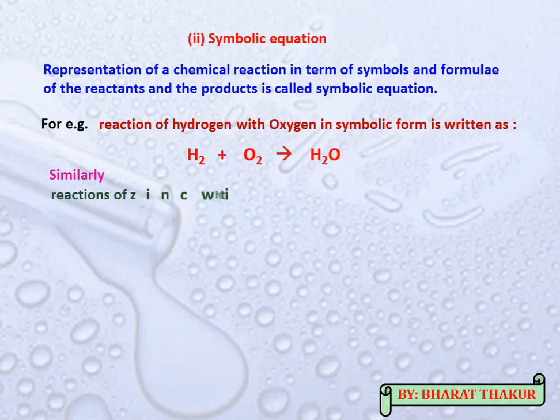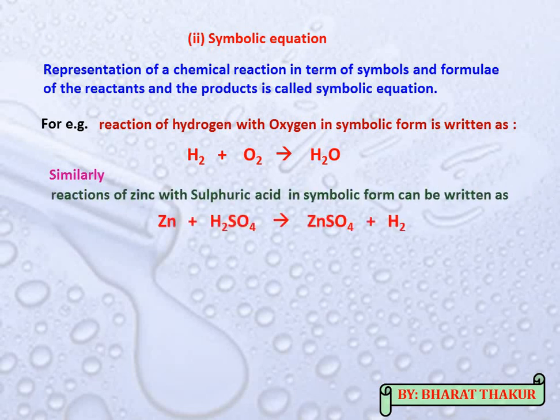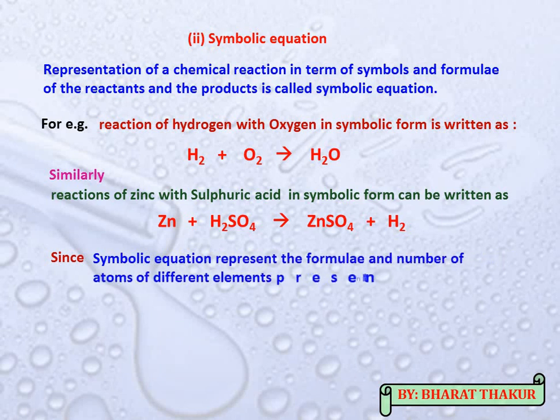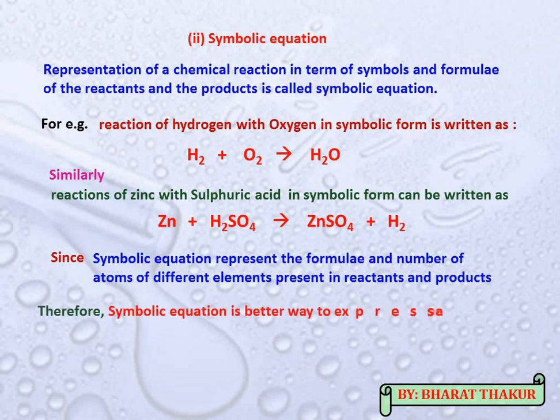Similarly, the reaction of zinc with sulfuric acid in symbolic form can be written as Zn plus H2SO4 gives ZnSO4 plus H2. Since a symbolic equation represents the formulas and the number of atoms of different elements present in reactants as well as products, it is a better way to express a chemical reaction than a word equation.